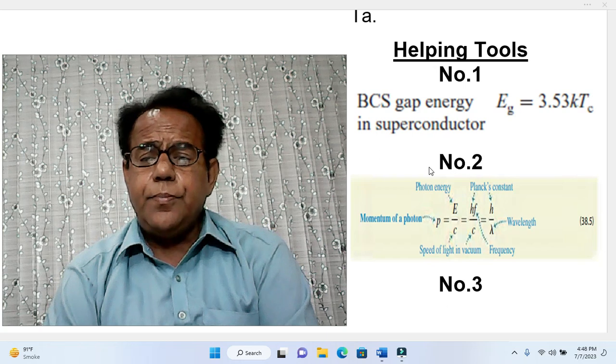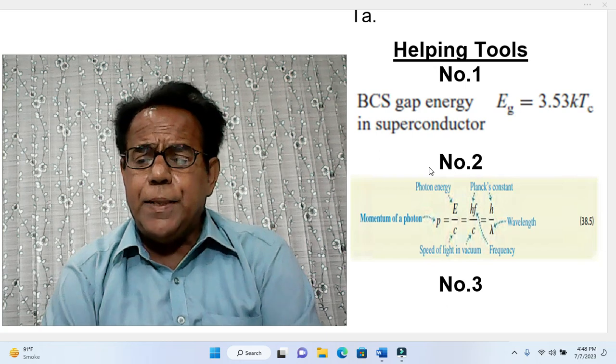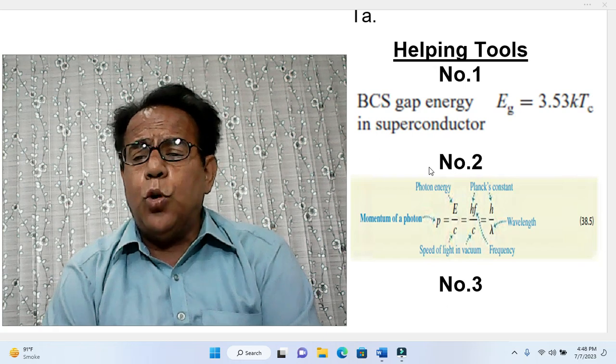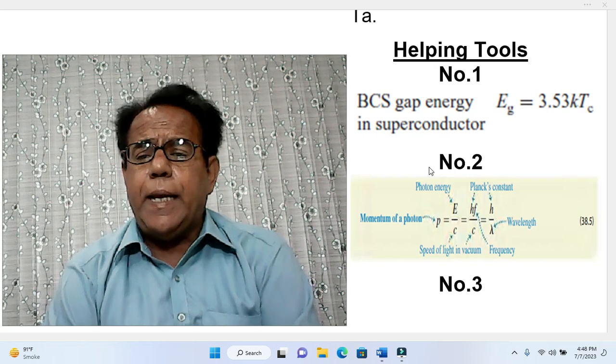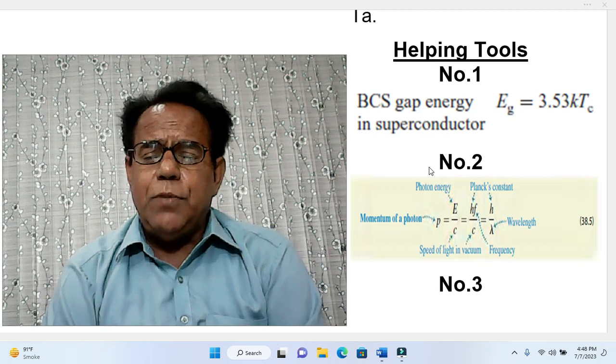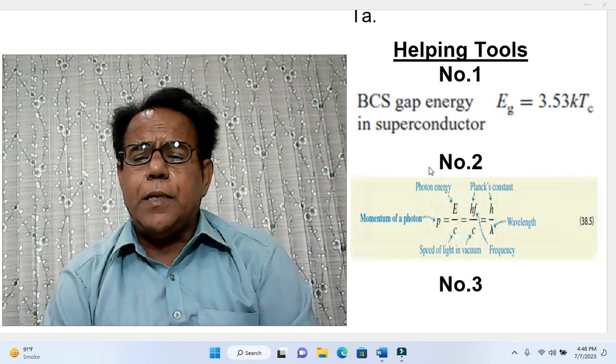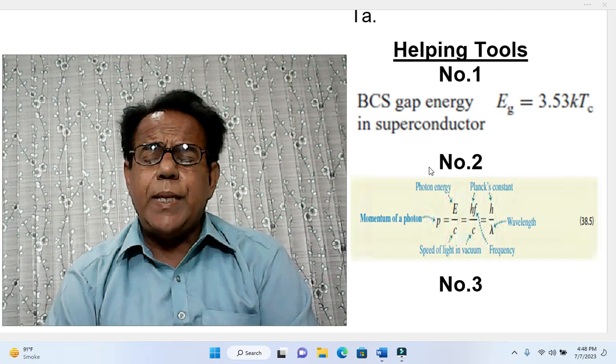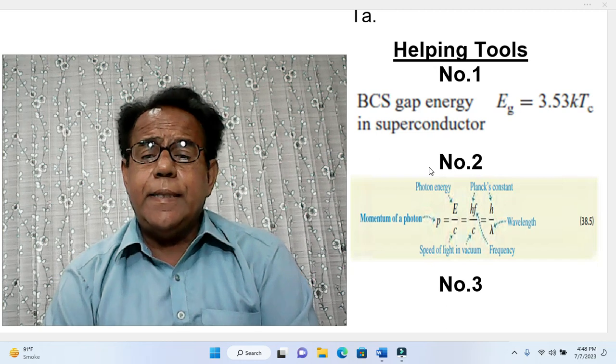Here Tc is the critical temperature, k is the Boltzmann constant, and capital E with subscript g stands for the energy gap.